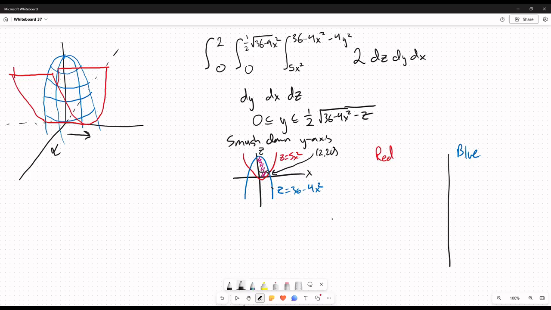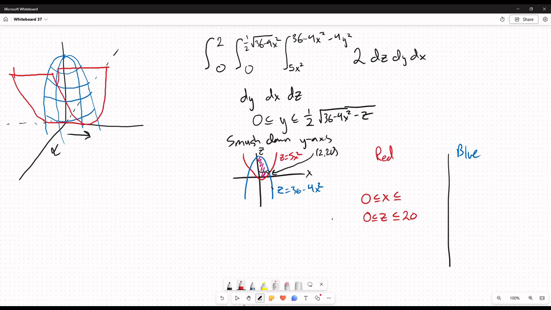So what we're saying is that when z is between 0 and 20, remember we're actually going to do z last, but I kind of need to talk about it now, then the function on the left is still going to be 0. That's my lowest x-coordinate. But my rightmost x-coordinate is going to be this thing solved for x.